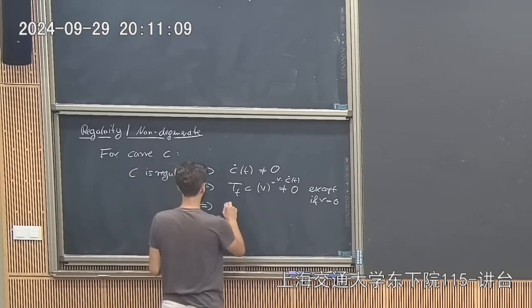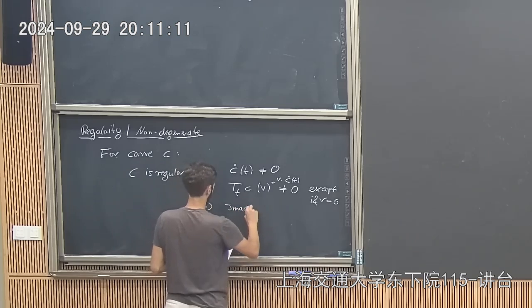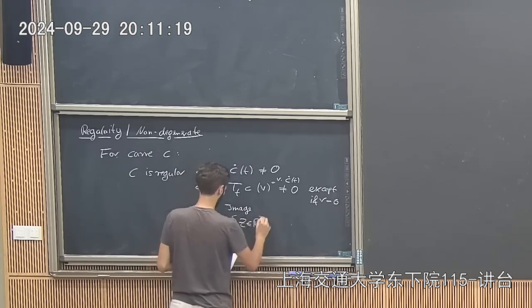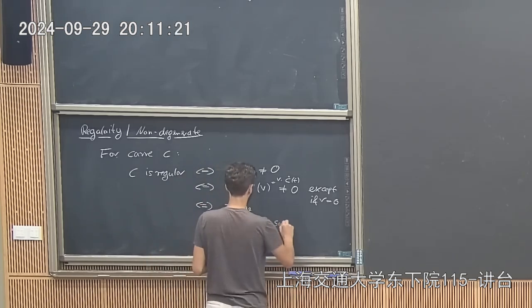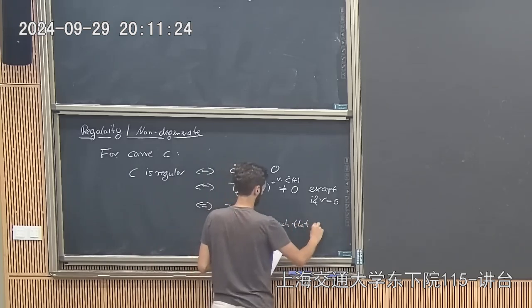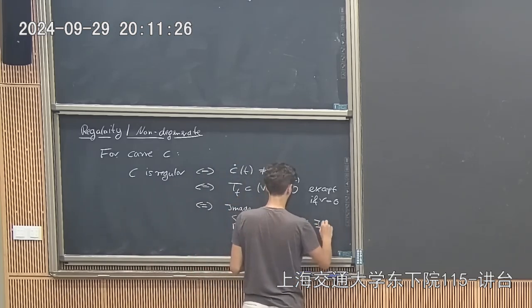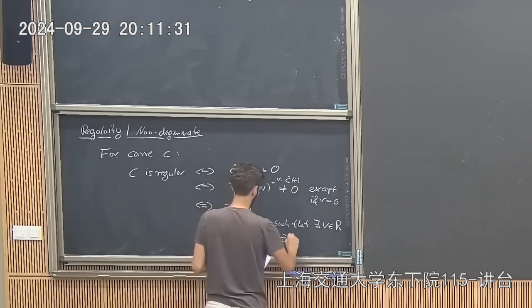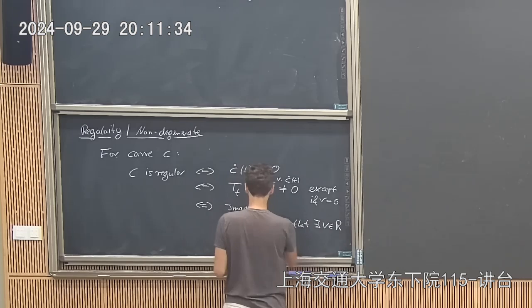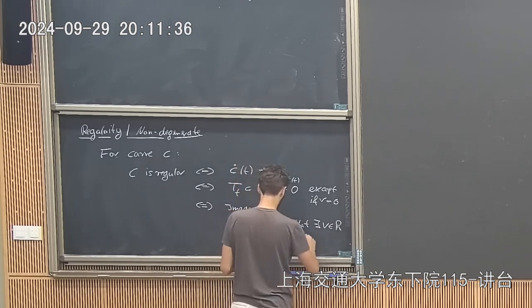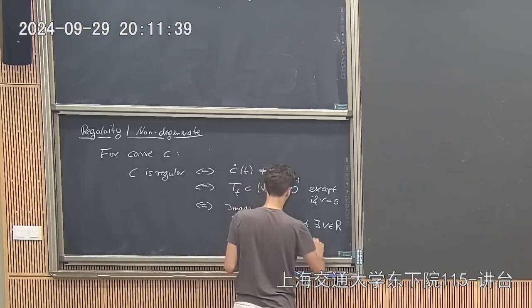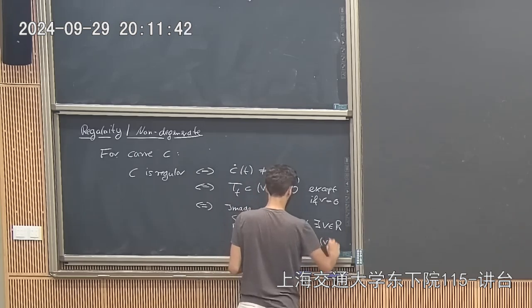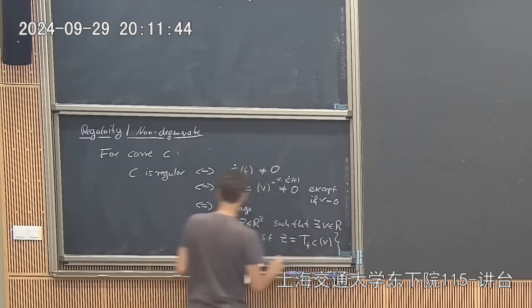So it means that the image, which are all vectors in R3 such that there exists a number in R such that C equals to, is one dimensional.